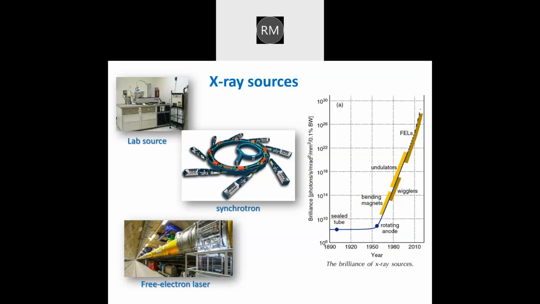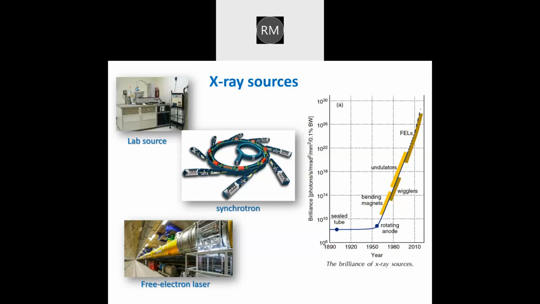If you see on the right-hand side, you see a graph with the year of development. The sealed tube has a very low brilliance or flux of X-rays. The number of photons is 10 to the power 10 per second, or even less, in the sealed tube or rotating anode, which is a lab source. The sealed tube you also find in the airport; they produce X-rays by sealed tubes.